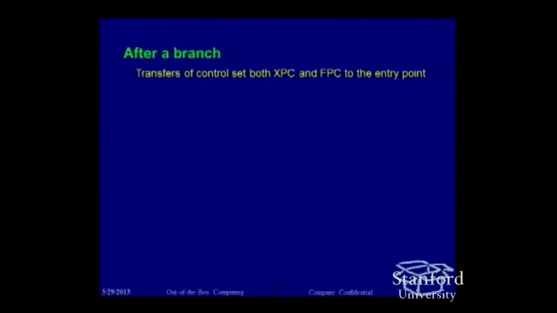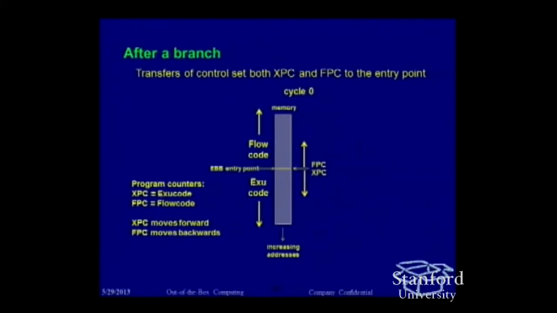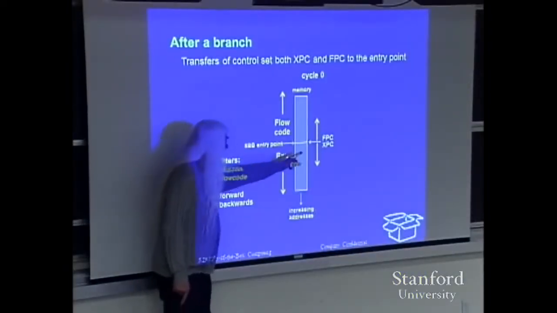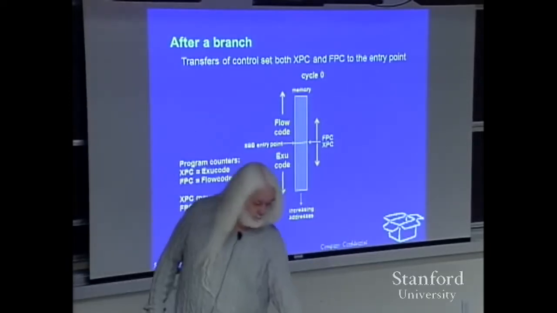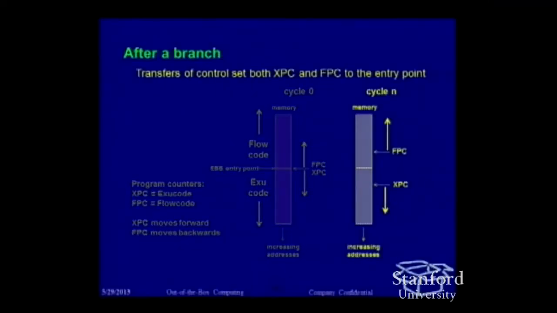So at XPC there is the program counter for the XU side, and FPC is the program counter for the flow side. And when you take a branch, you go to the entry point, increasing addresses this way, decreasing addresses that way, but both program counters go to the same place. After some number of cycles later, the program counters have diverged.